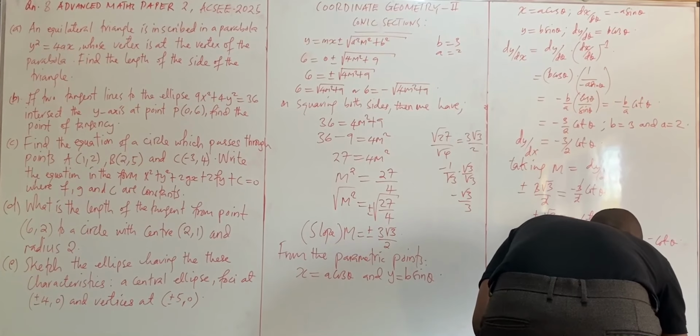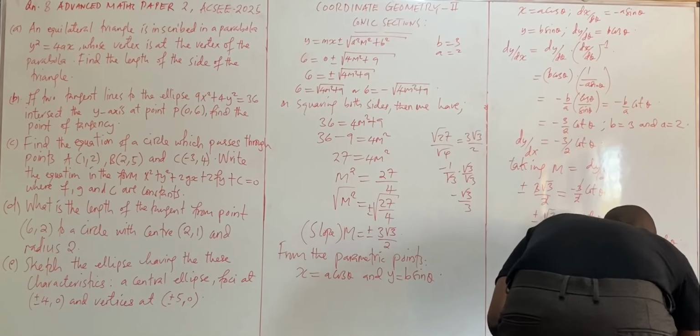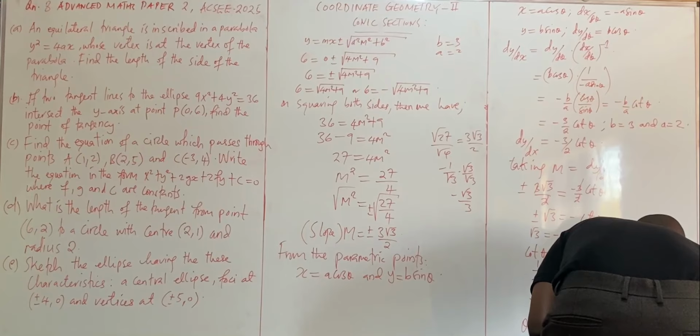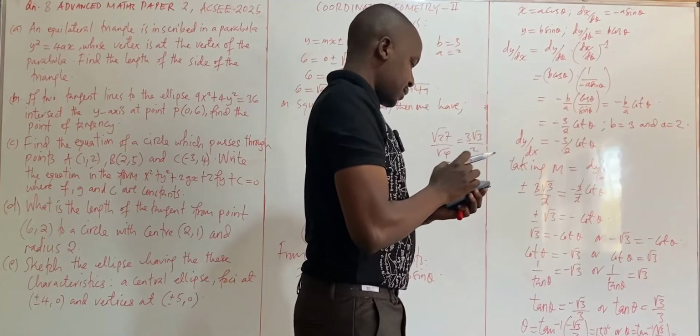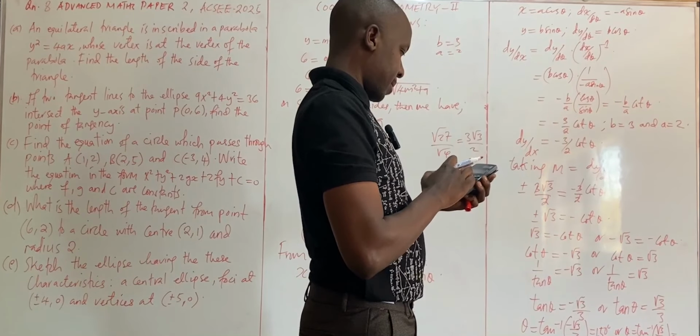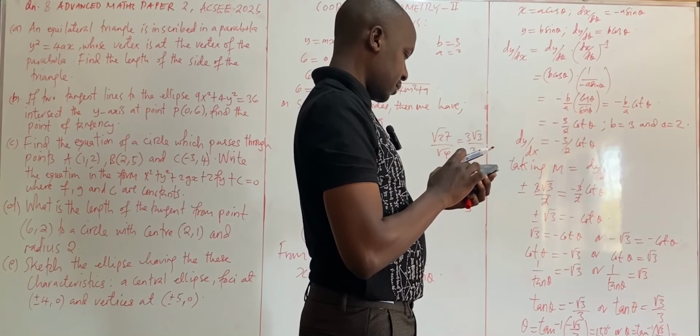Or theta equals the tan inverse of root of 3 over 3. What do we end up getting? We say shift, tan inverse, the root of 3.